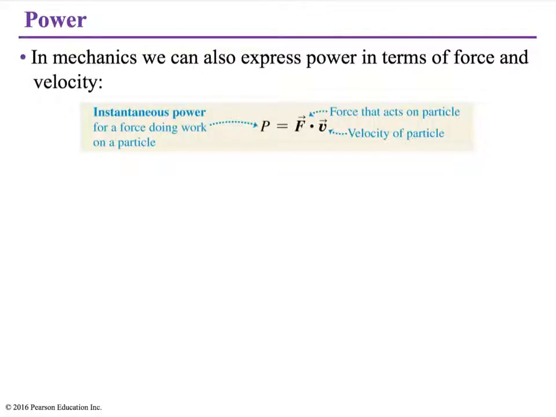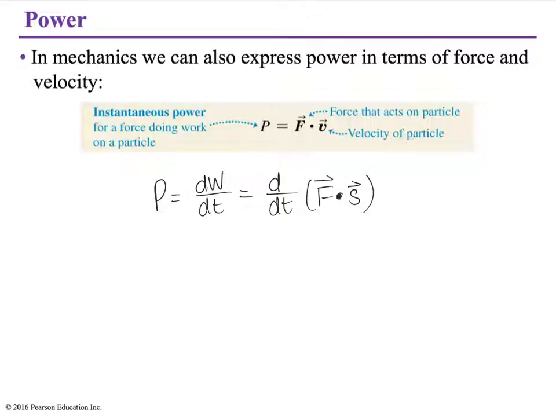If we look at the definition of power, power is dW dt, and we keep in mind the definition of work that we looked at previously: the dot product of force and displacement.